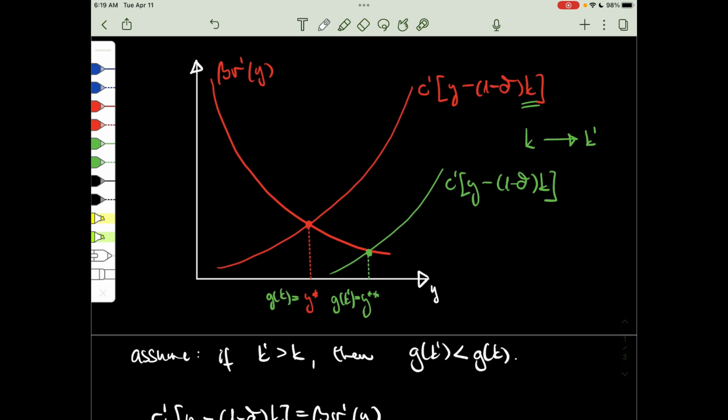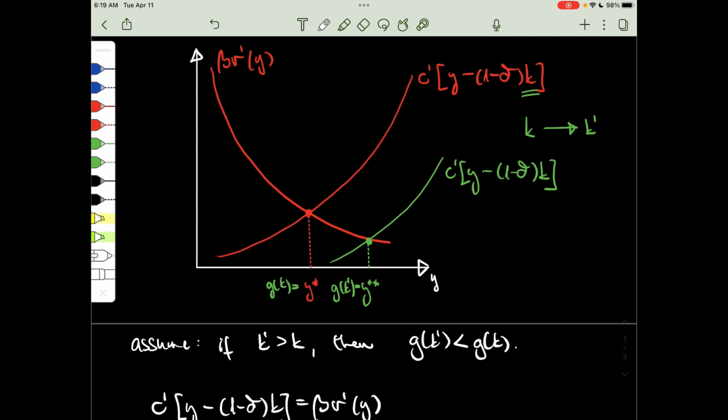The other thing we want to know is the slope of the policy function. So it's very simple, I promise. So let's assume that we, I've made a mistake. This is k prime. So let's assume that we replace k with k prime, and k prime is higher than k.